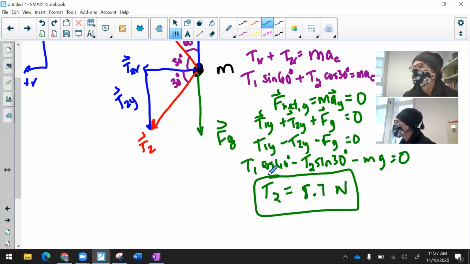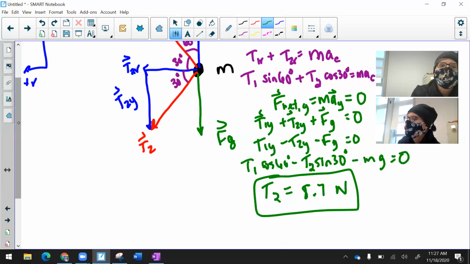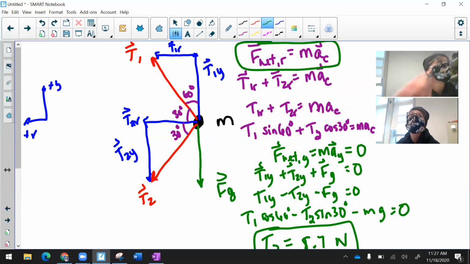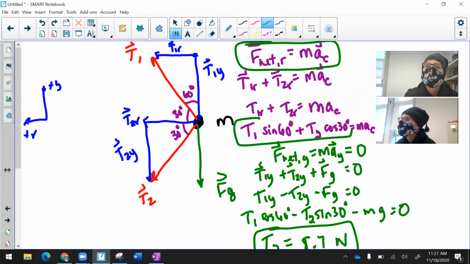Or part B, excuse me. What does part C ask us to find? The net force on the ball. What direction is the net force on the ball in? Yes. So is it an R or Y? R. Okay. So really, I want to go back to this statement up here, right? So what I want to figure out is this.